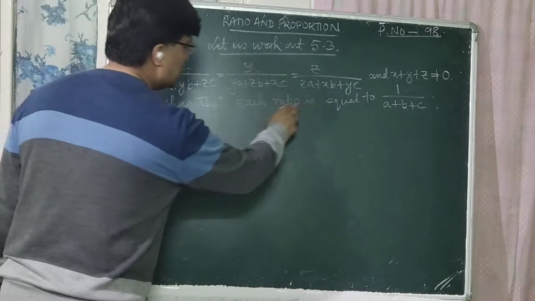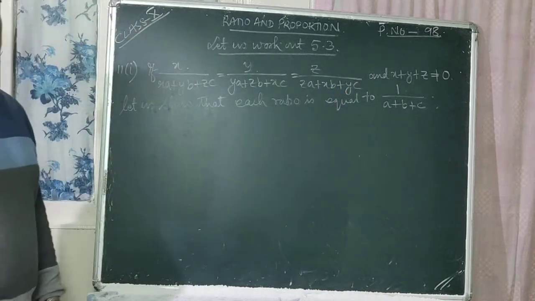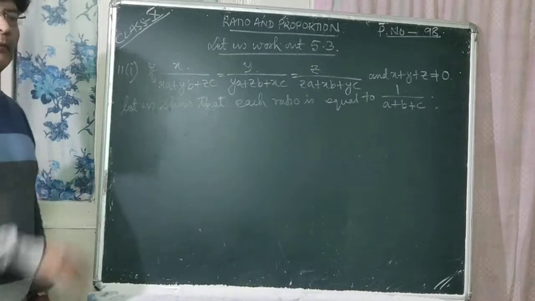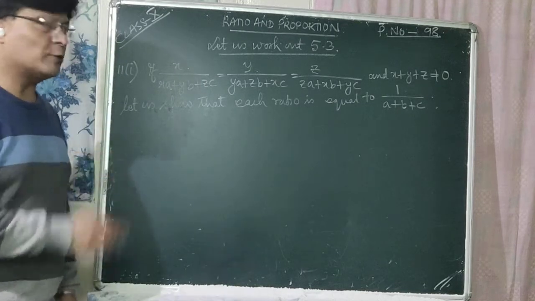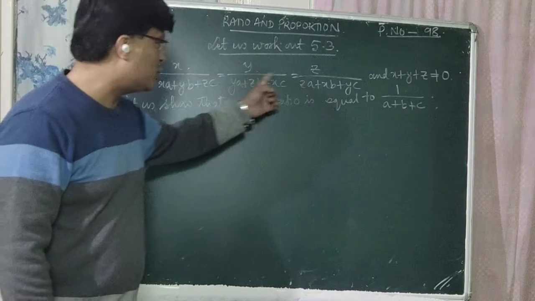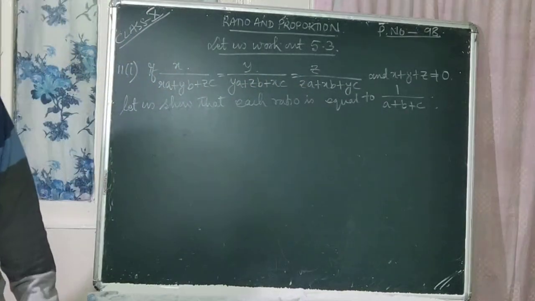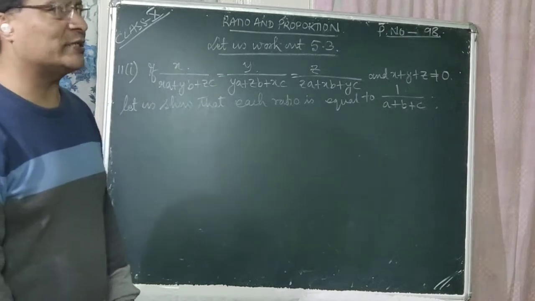Let us show that each ratio is equal to 1 upon a plus b plus c. So from the given part, you have to prove that each ratio is equal to 1 upon a plus b plus c. So in this case, we can use addendo.